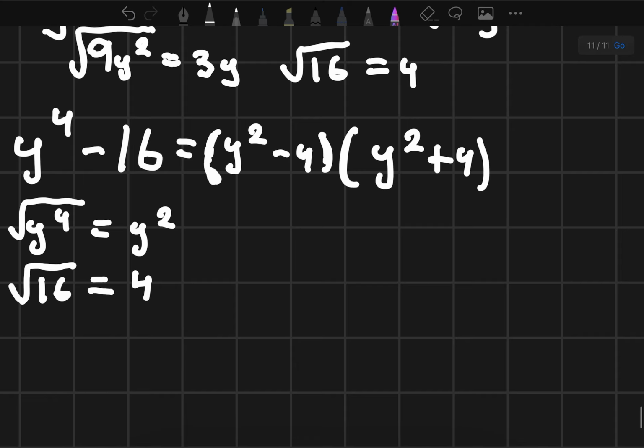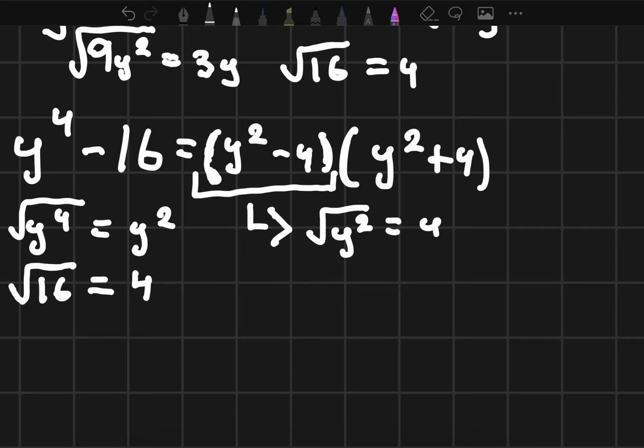Now you may think this is the end of the question, but if you look a bit closer, we can see that this is also a difference of squares. So that means we have to repeat the process. The square root of y squared is equal to y, and the square root of 4 is equal to 2.